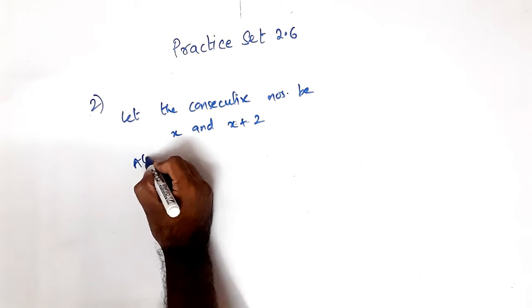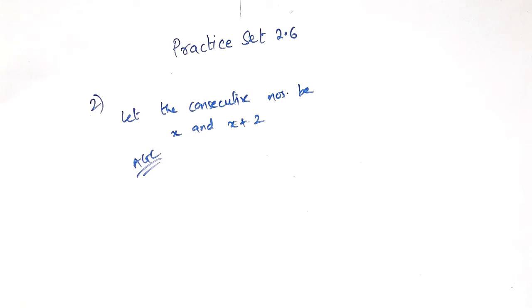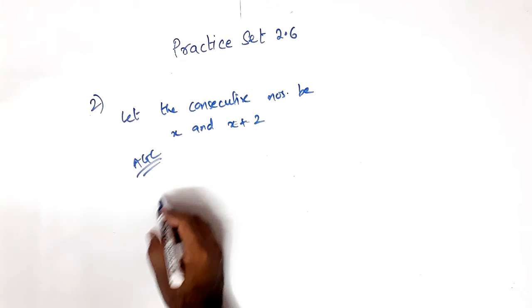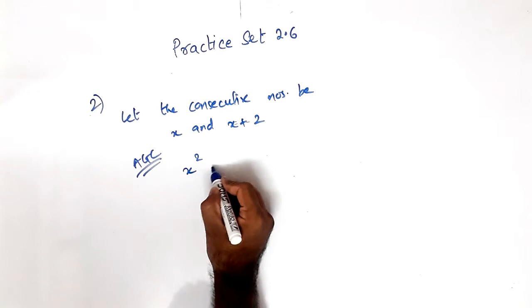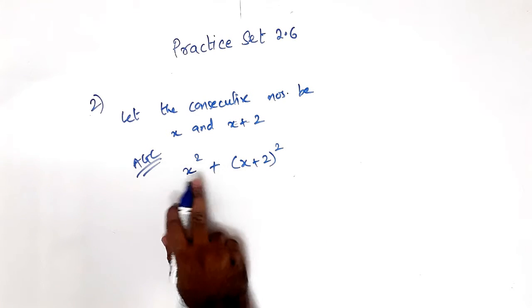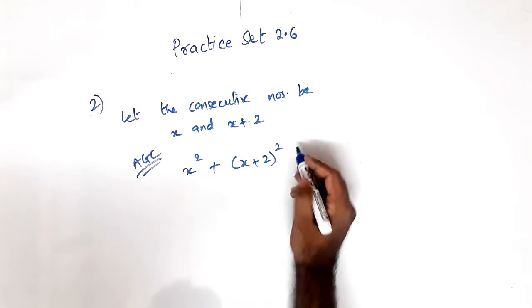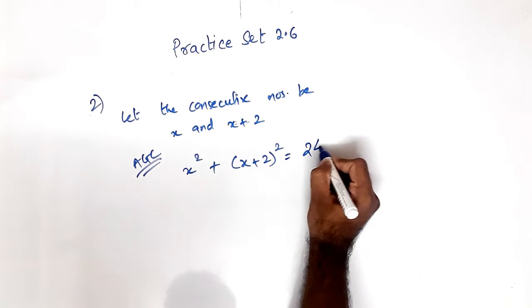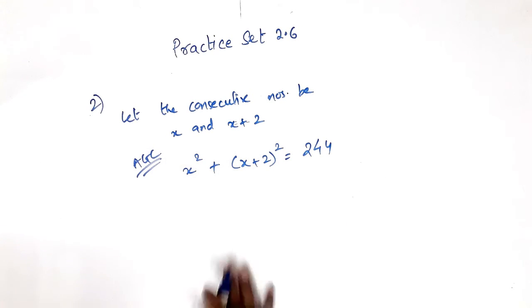Okay, now we'll come to what is the given condition. The given condition is the sum of the squares of two consecutive numbers, means sum of the squares, correct? The sum of the squares of two consecutive numbers is 244. Simple. Once we arrange this, solving is very simple.